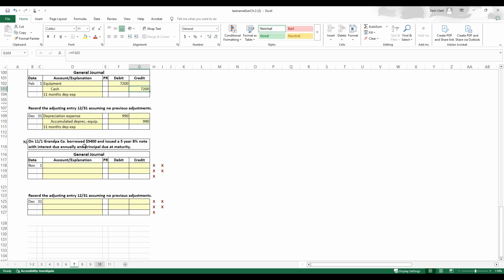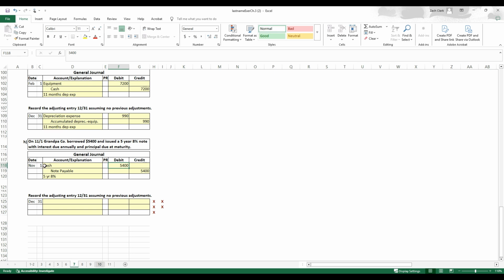On 11/1, Grandpa Company borrowed $5,400. So again, hope you all are getting a little more comfortable with this. We got cash, we got notes payable. Let's say 5-year note, 8%. $5,400 is in our bank account now, and we owe $5,400 back to the bank.